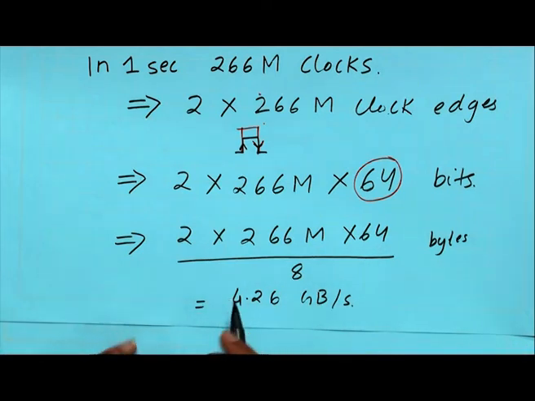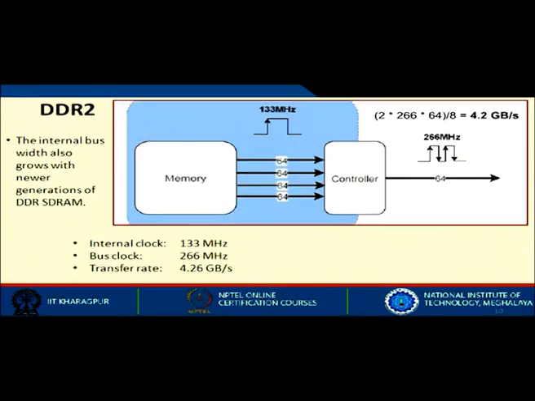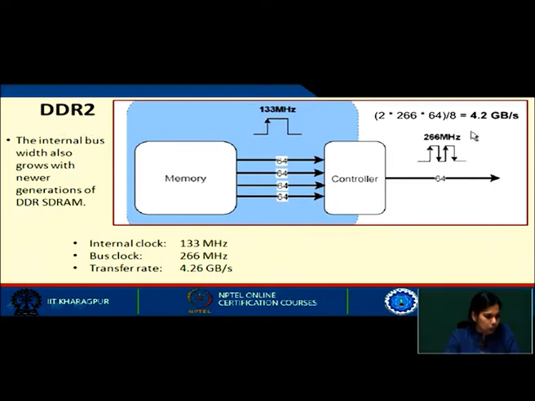So, the transfer rate comes down to 4.26 gigabytes per second in case of DDR2. So, the total clock frequency is 266 and these many transfers are taking place.